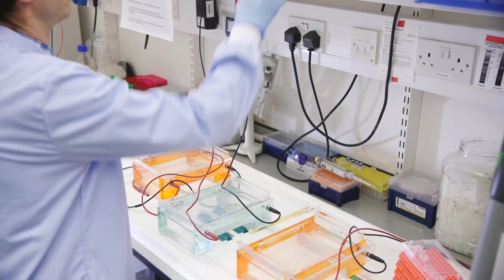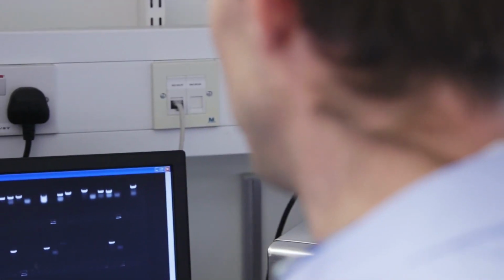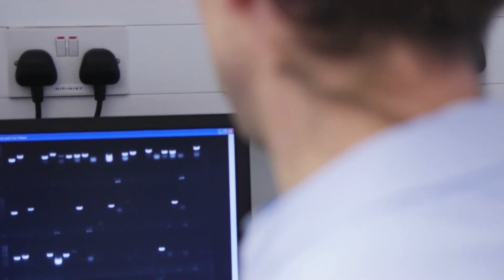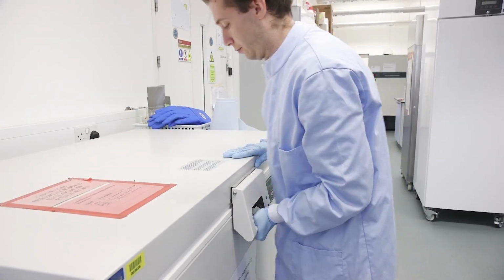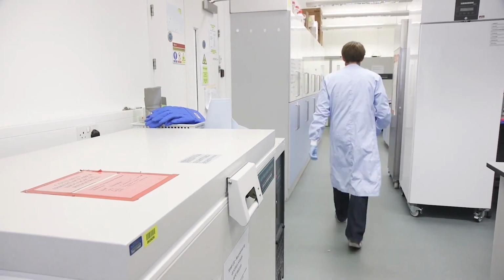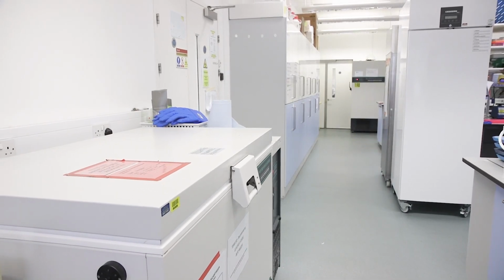We then run the products on a gel and record the results for our sample tracking database. Once we know the DNA modification has worked, the bacteria are stored in freezers. The bacteria now contain the final vectors that are ready to modify the genome of malaria parasites.